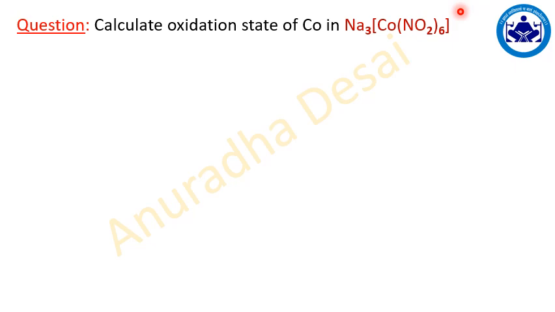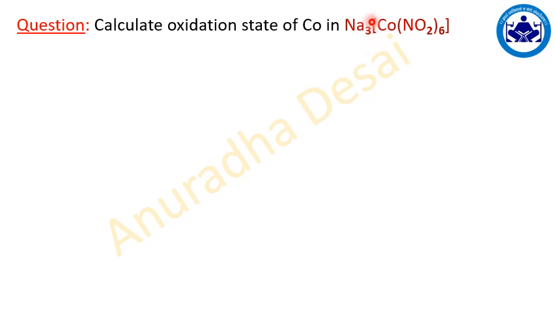So my first step is to calculate charge number present on the coordination sphere. Till that I cannot apply the formula directly. So for that I will have to see which counter ions are present and how many counter ions are present. I know that 3 Na plus ions are present as counter ions.